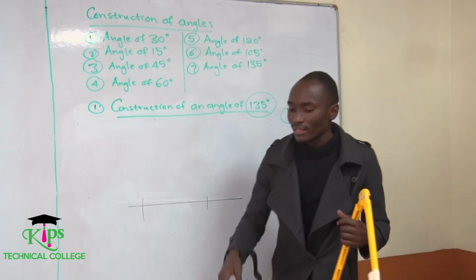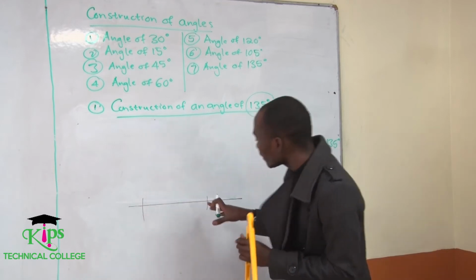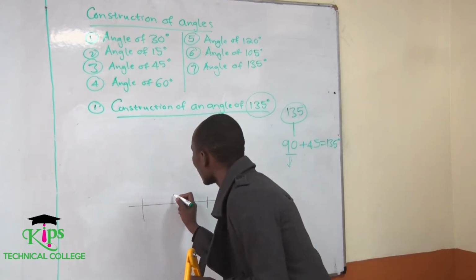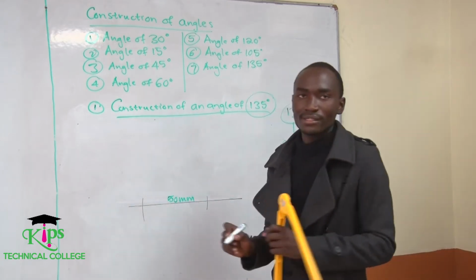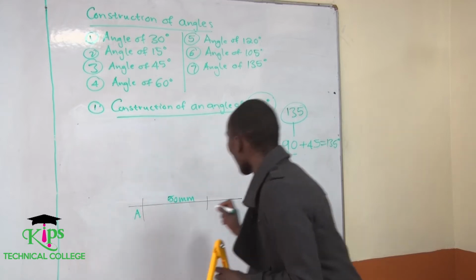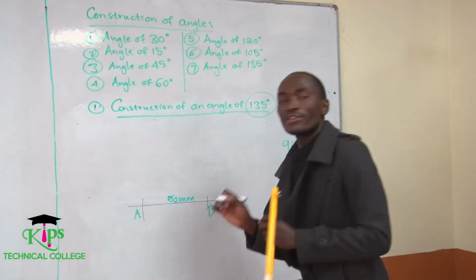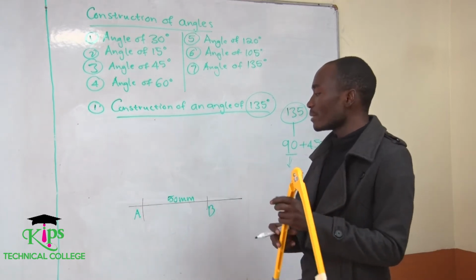Between this arc and this arc, I have my 50 millimeters. Let me call this point A and point B.